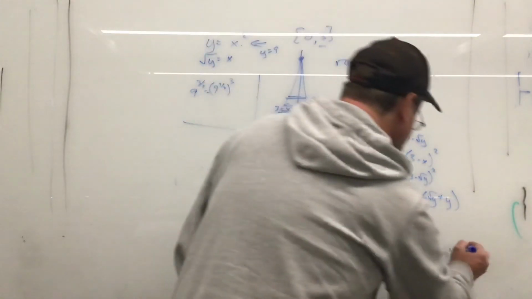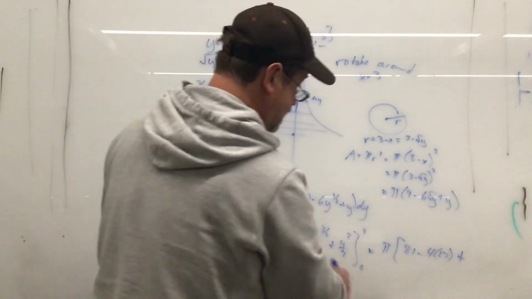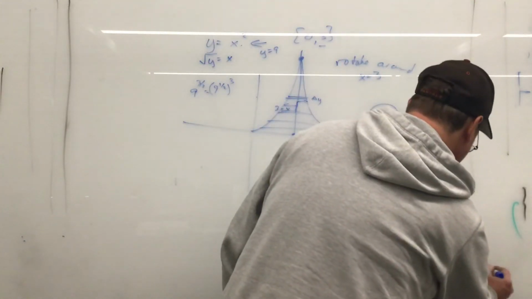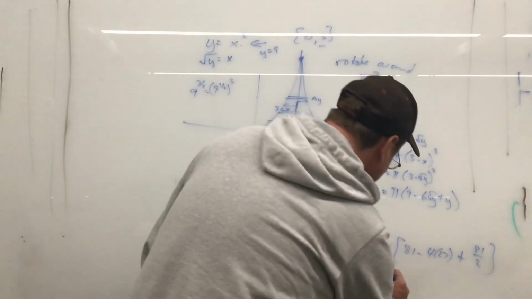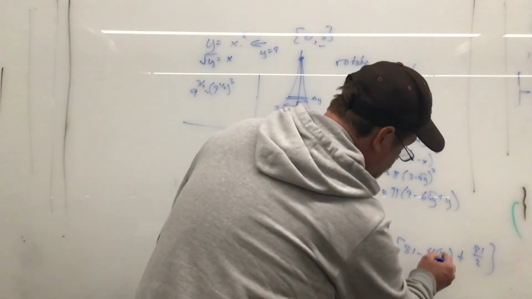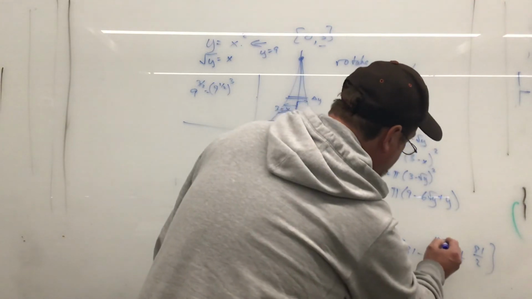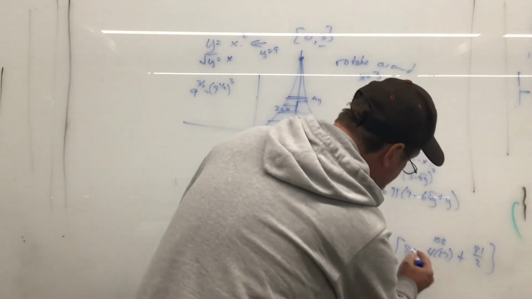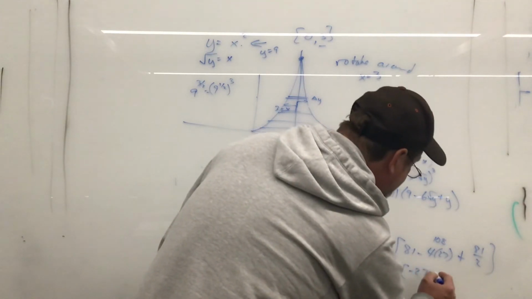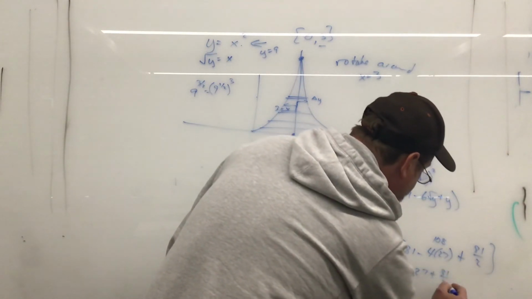And then plus, looks like 81 over 2 over here. Four times 27, that's 108. So I have minus 27 plus 81 over 2.